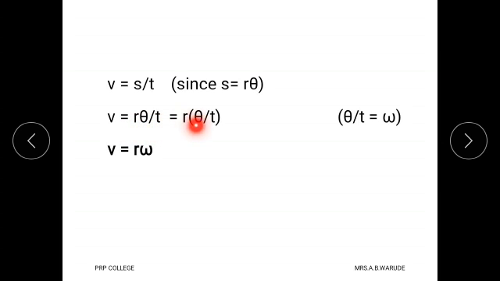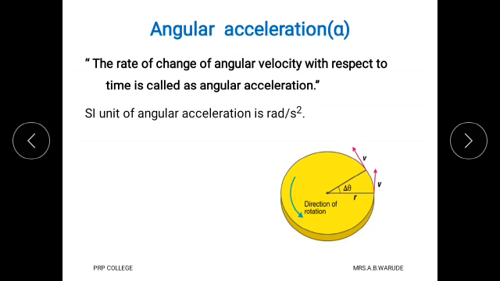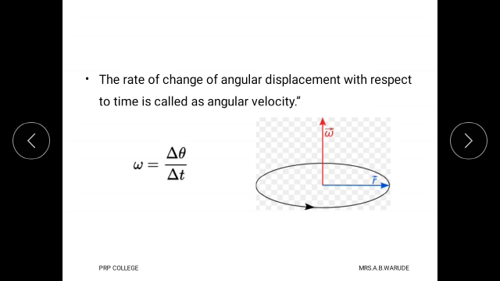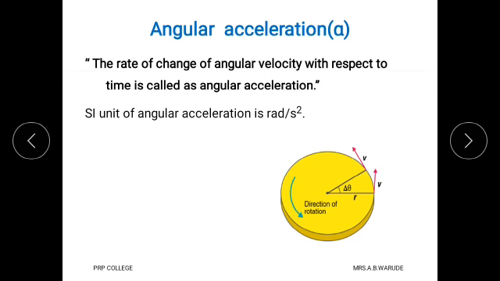When we separate r from theta upon t, we write V equals r in bracket theta upon t. But as we know, the definition of angular velocity is angular displacement upon time, so omega equals theta upon t.